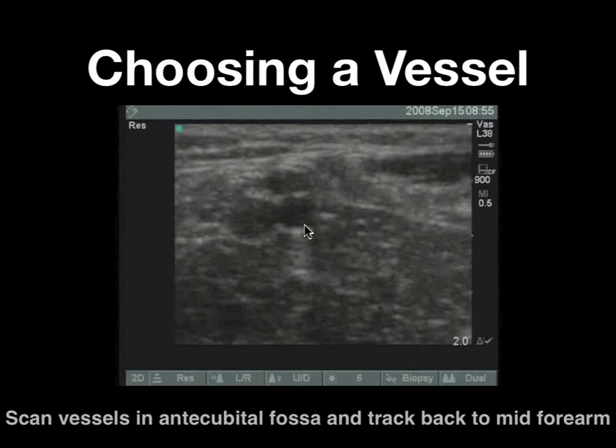What I have started to do more and more of, and I've had more success with this, and the lines are more stable, is to start off in the antecubital fossa, in the short axis, find the basilic vein or the deep brachial veins, and then move the transducer distally into the forearm following these branches.